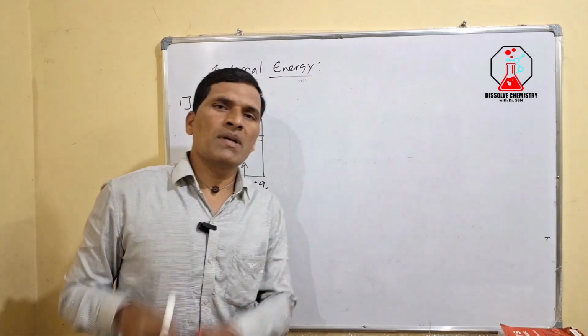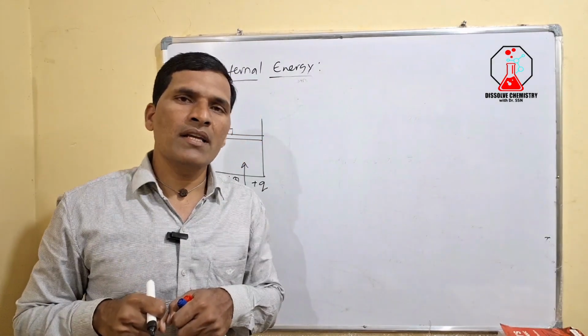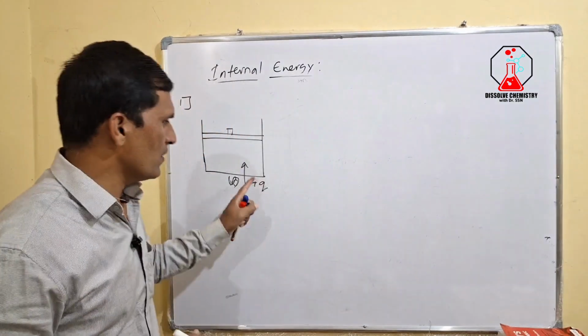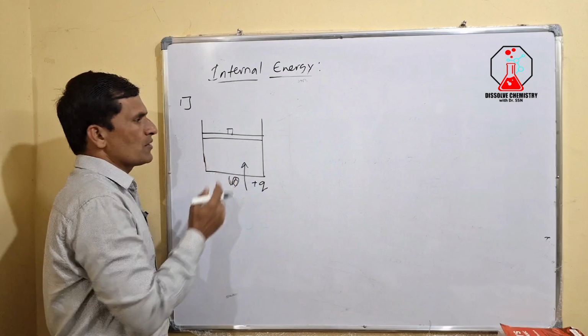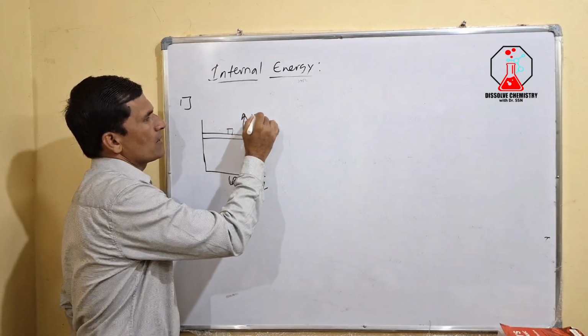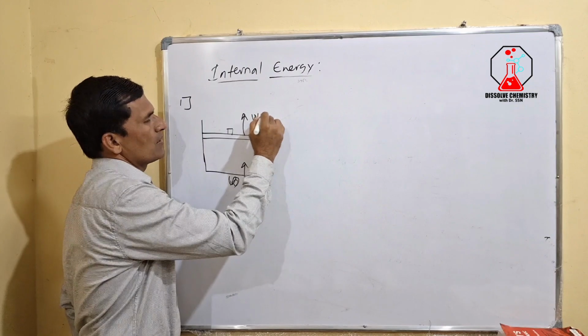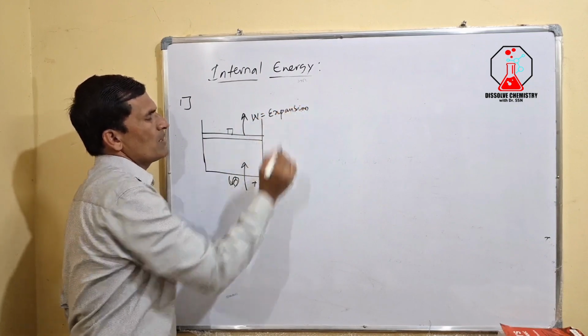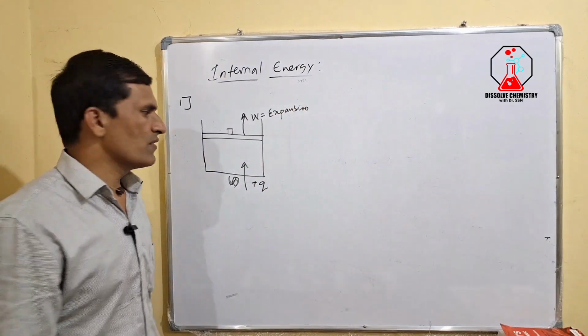Anything absorbed by the system we indicate by positive sign. So Q amount of heat is absorbed, and in the meantime it is doing expansion work. What type of work? Expansion work. Then there will be a change in volume also.